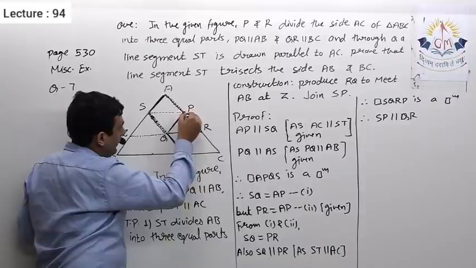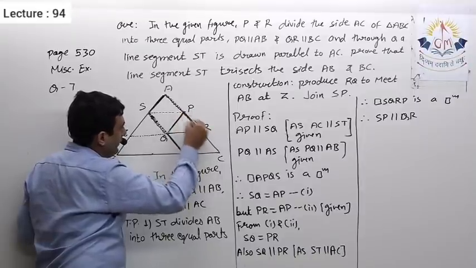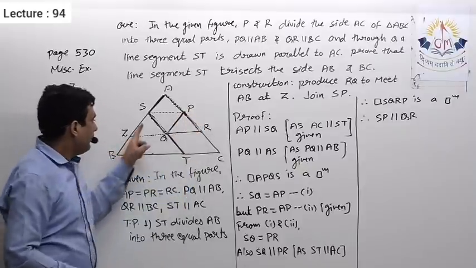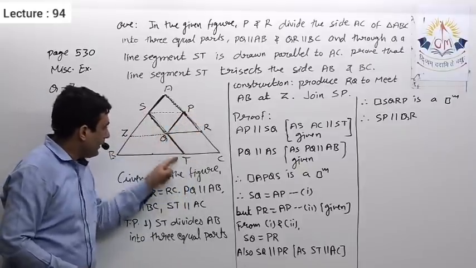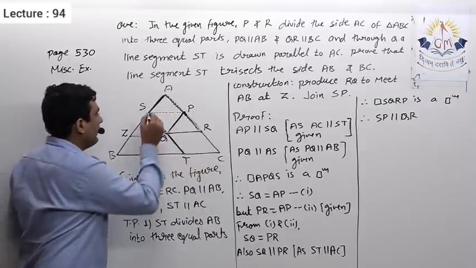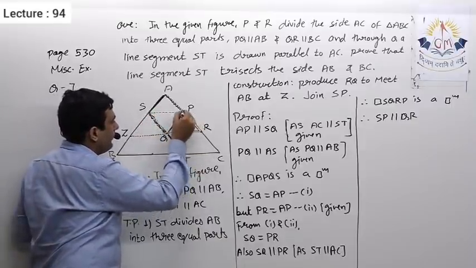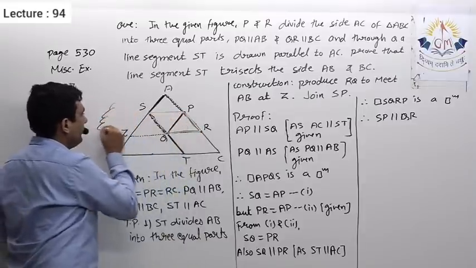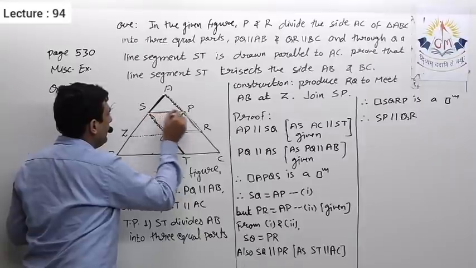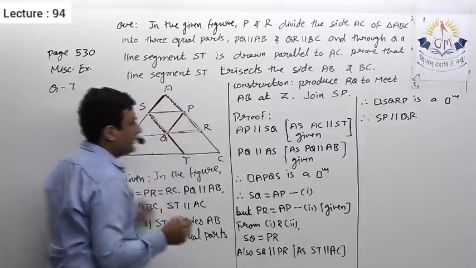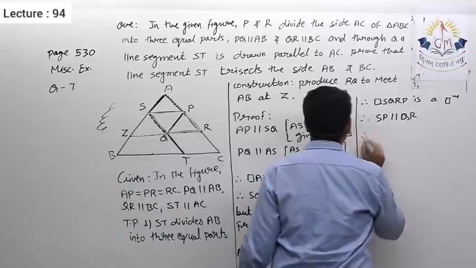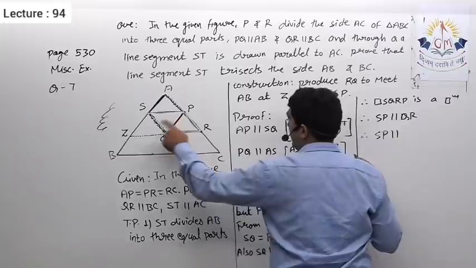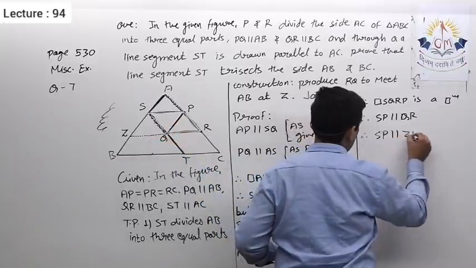Also it is given AP equal to PR, so SQ is equal to PR. Also SQ parallel PR because ST parallel AC. This gave me a parallelogram, and I can say these two sides will be parallel. That means SP is parallel to QR. As I can write SP parallel QR, I can write SP parallel ZR.